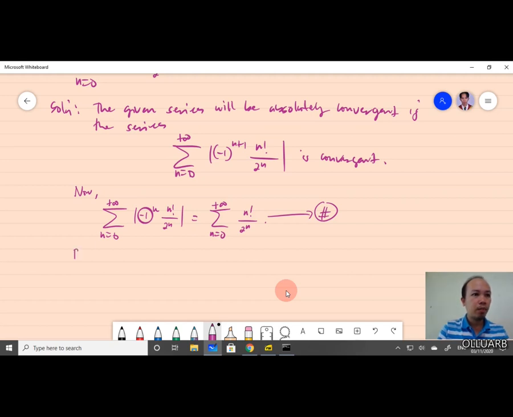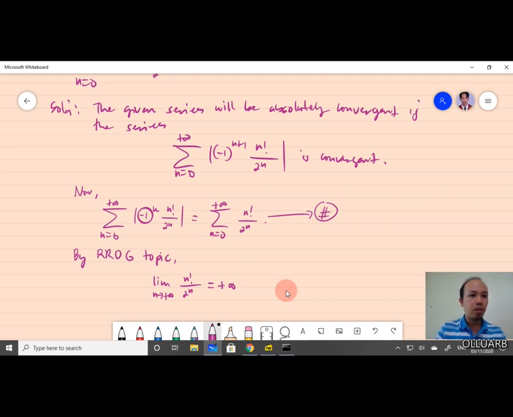By RROG, relative rates of growth, which we discussed before, the limit of n factorial over 2 to the n as n approaches positive infinity is positive infinity.